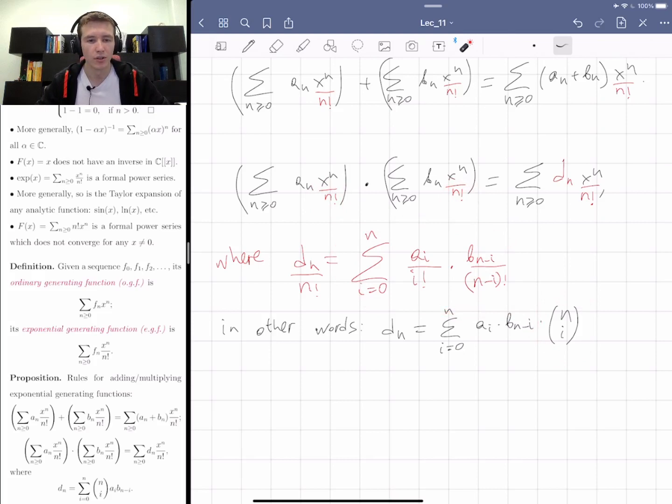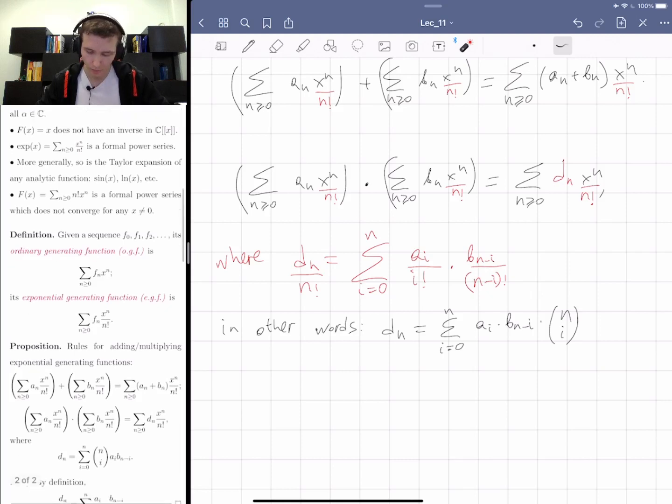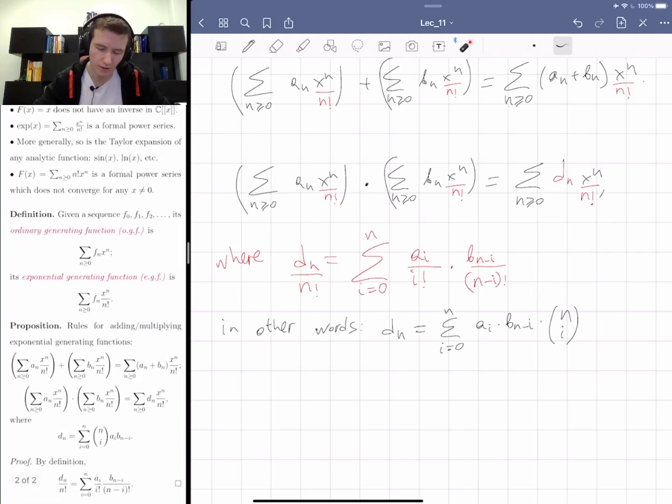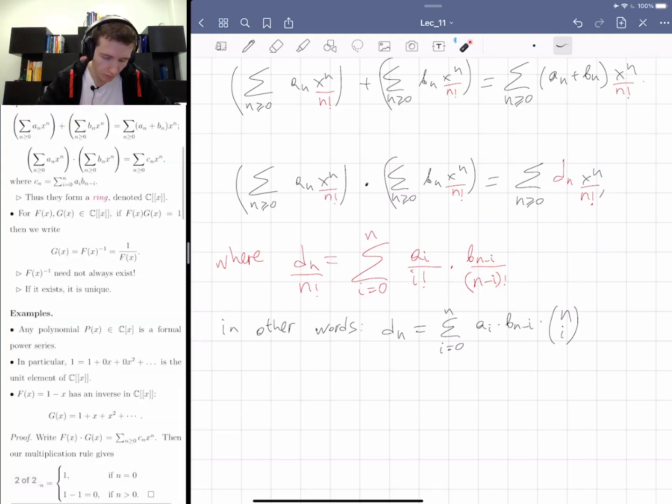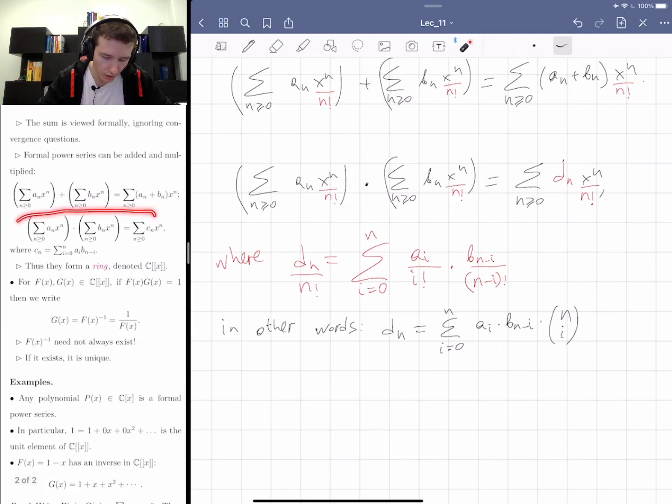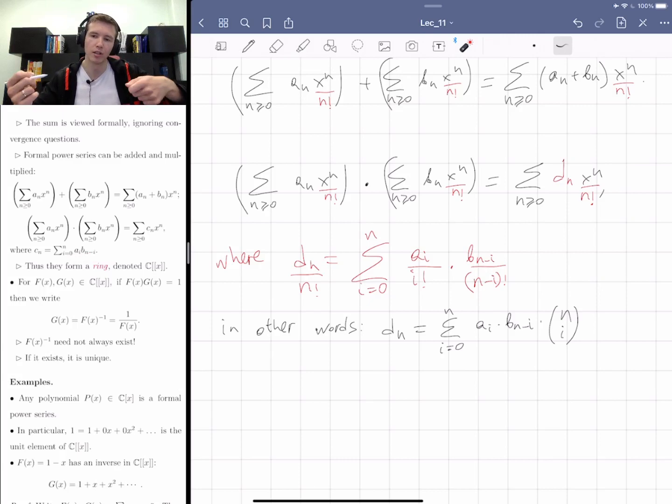Let me try to use it. Where does the n minus i come from? If I just take the product of the two usual generating functions, then I get a_i times b_{n-i}, because that's how you multiply polynomials.